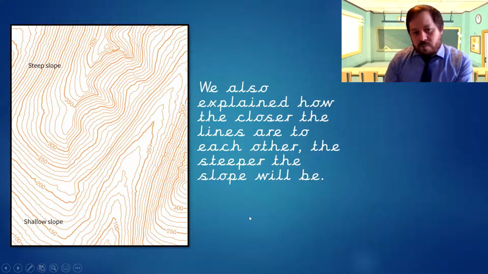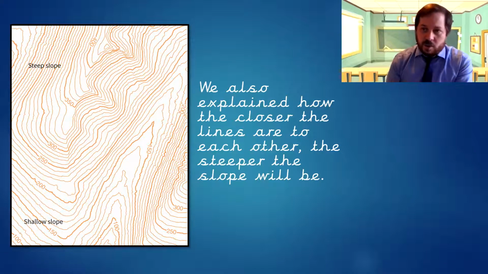So we looked at this before, and we looked at steep slopes and shallow slopes and how contour lines can help us understand that. A really shallow slope here, whereas this is a very steep slope, and the same down here. Look, the closer the lines are together designates whether it's a steep or shallow slope.